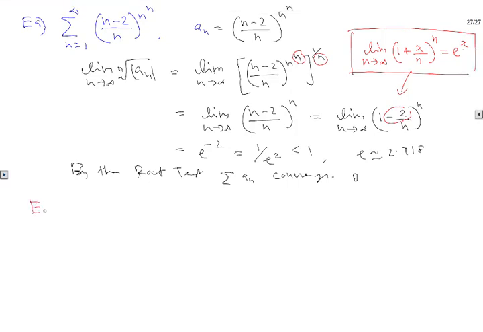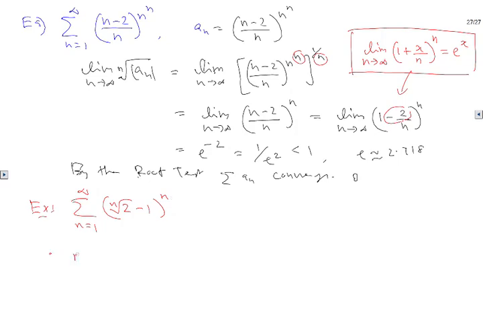Okay, so this is for you to try. This is an exercise. Test the convergence of this series, n going from 1 to infinity of 2 to the square root of n, minus 1, to the nth power. Okay, so what's going to happen to this? For this problem you might need these results.